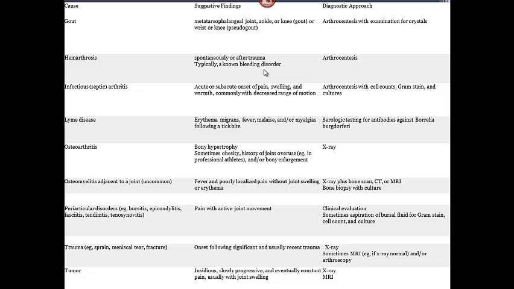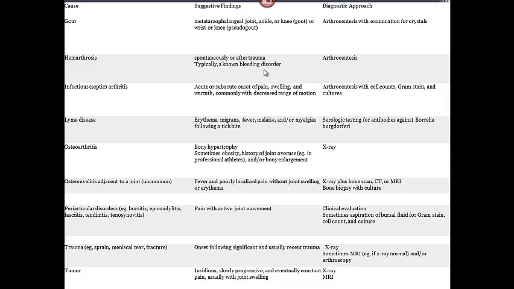It's very commonly present in immunosuppressed patients, patients who are IV drug users, diabetic patients, any patients that have been on prior antibiotic use and now are immunosuppressed, patients with HIV, etc. And again, you diagnose this by arthrocentesis.